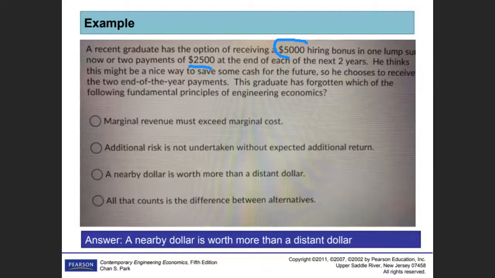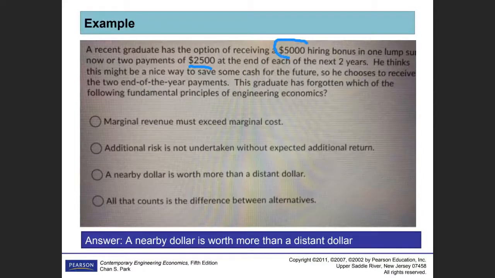So what is the best way, right? What is the decision he's making? So that's why the answer is a nearby dollar is worth more than a later one. You can just read it. This is just one example and for practice.